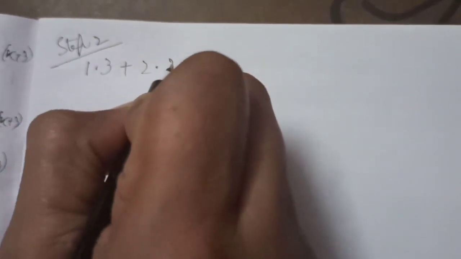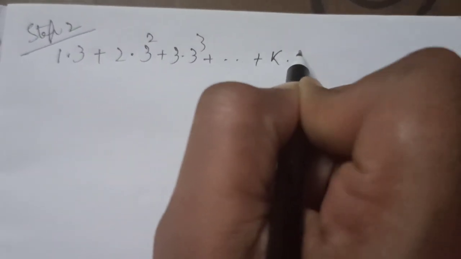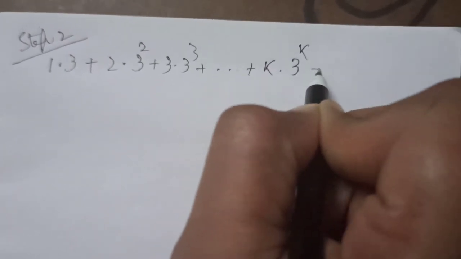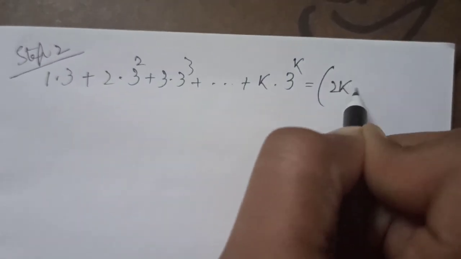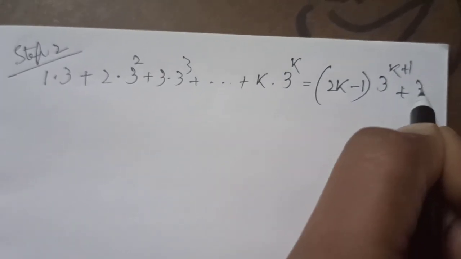Here you only need to replace 1 with k: 1.3 plus 2 into 3 square plus 3 into 3 cube, continuing in this way, k into 3 to the power k, which is equal to ((2k minus 1) into 3 to the power (k+1) plus 3) by 4.